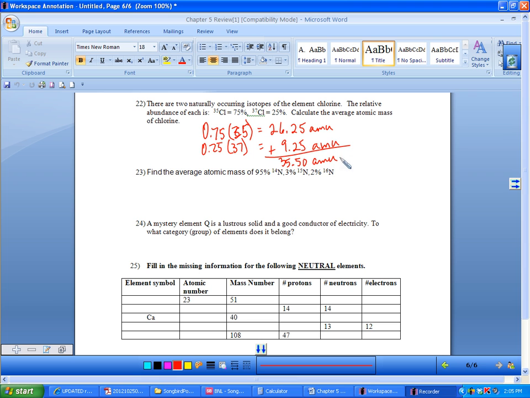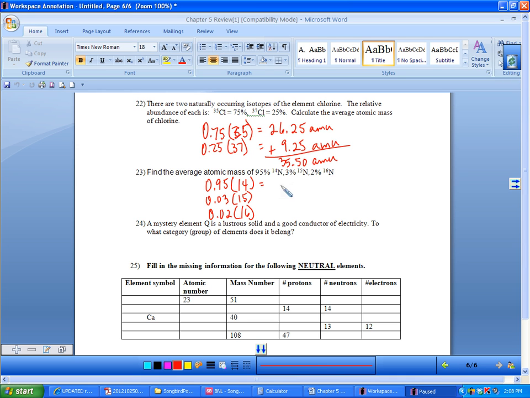Do the same thing here, 95%. All right, so I have 95% of 14 nitrogen. And then I have 3%, which is 0.03 of 15 nitrogen. And then I have 2%, 0.02 of 16 nitrogen.